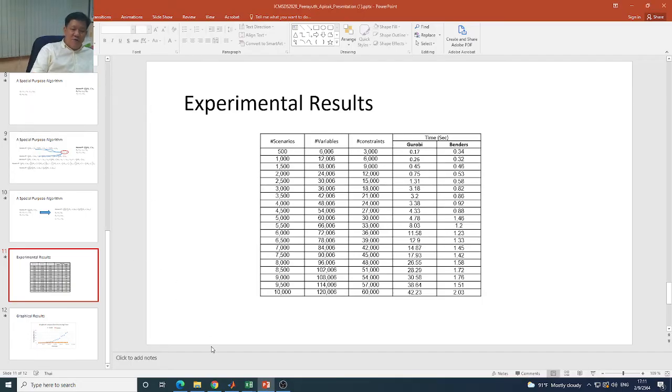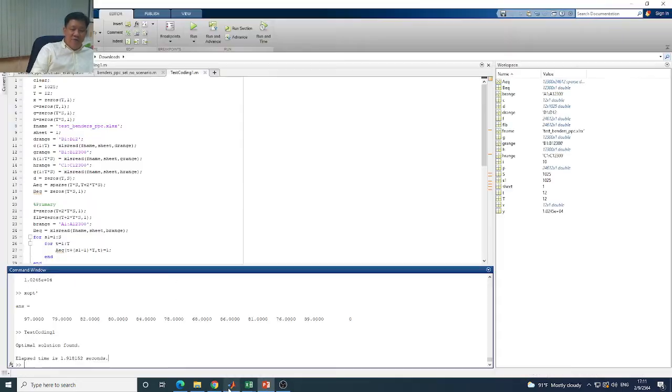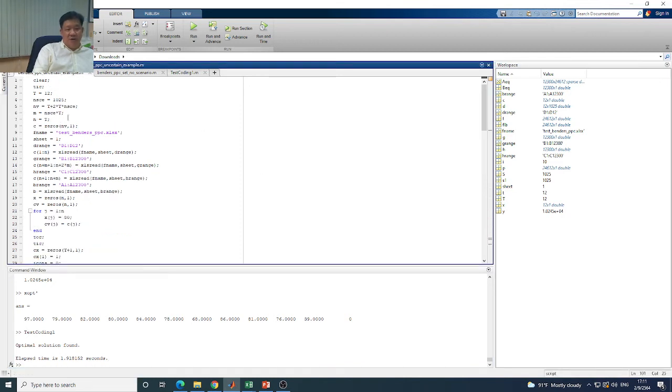So what we found here in Matlab is not surprising, but we had to modify the original Bender PPC program a little bit. In this case it's fixed to only 10,025 scenarios.